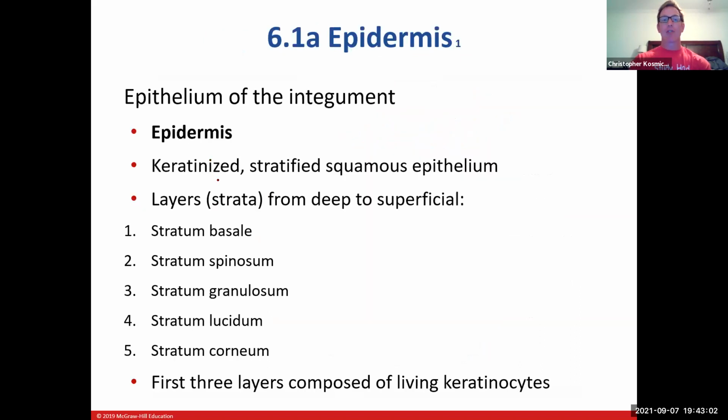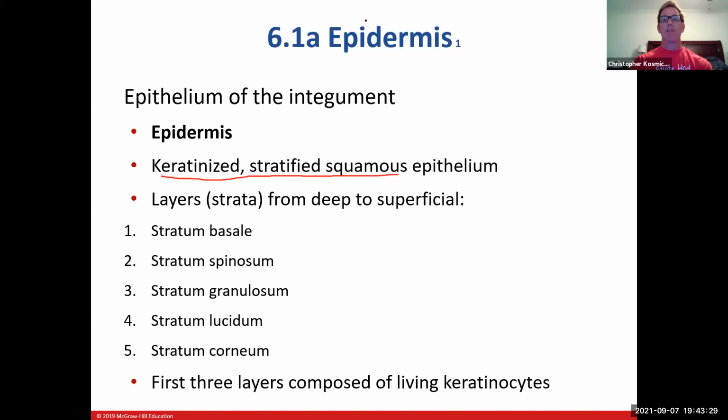And that's the outer layer for the skin, and it's made up of epithelial tissue. Epithelial tissue. Okay, easy enough. So the specific type of epithelial tissue that we're going to see in this layer is called keratinized stratified squamous epithelium.